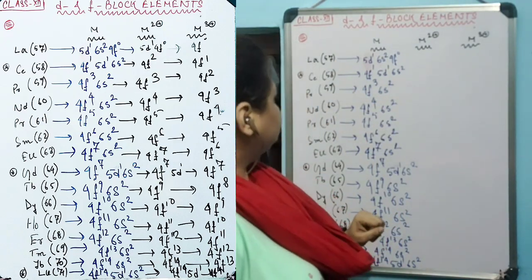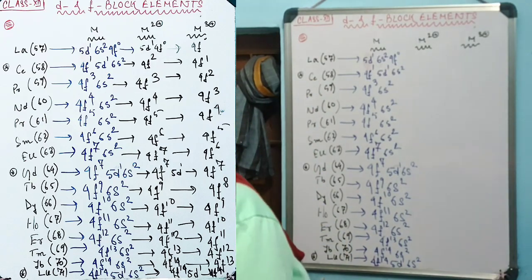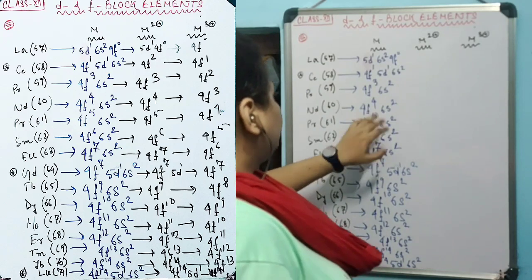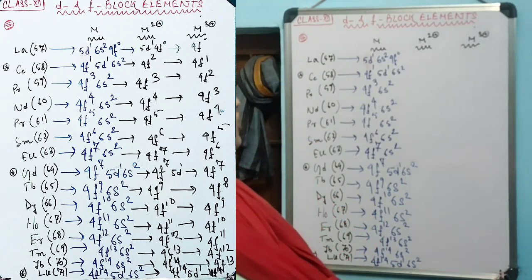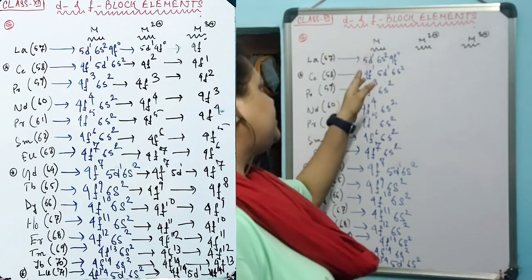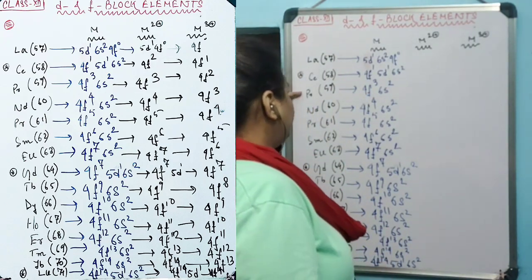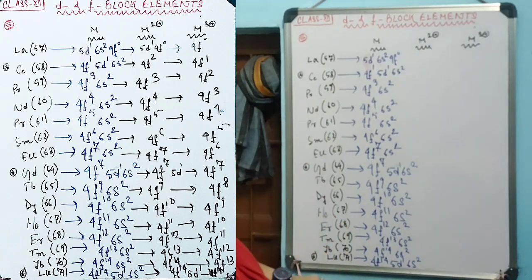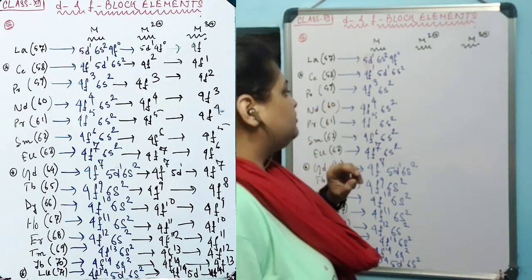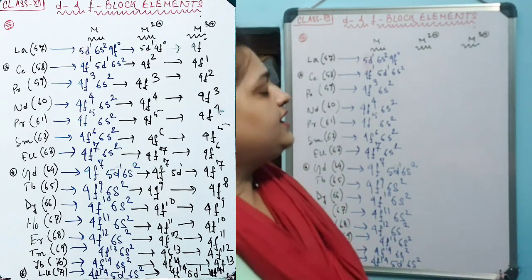And for the next element, praseodymium Pr, the 5d electron has jumped into the 4f orbital, because the second element, praseodymium, should have the electronic configuration 4f2.